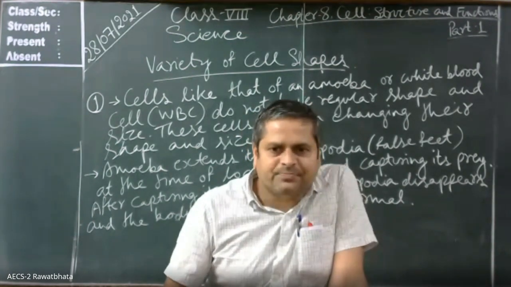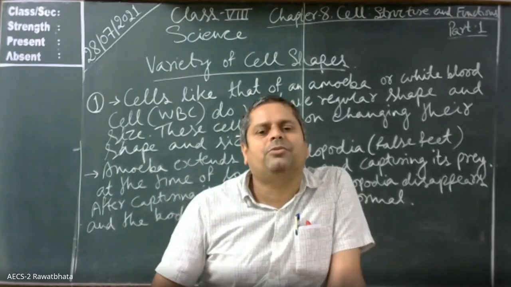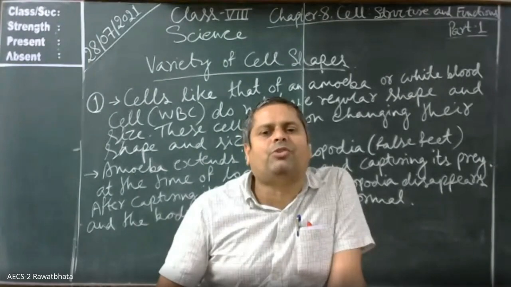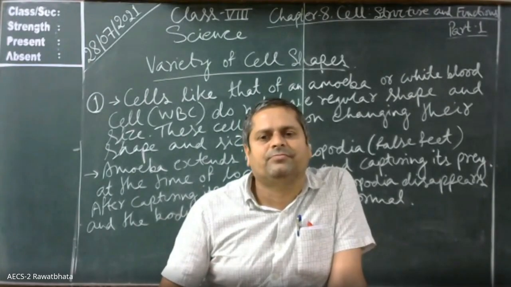Will you draw? Yes, sir. Okay. Thank you and have a nice day. Sir, we draw figure 8.4. Yeah, figure 8.4 you have to draw in your notebook. Okay, sir.